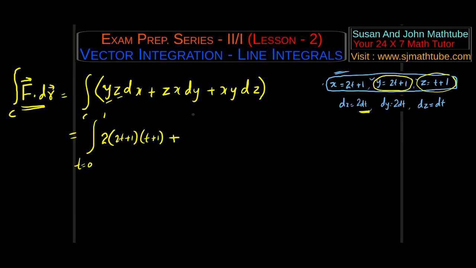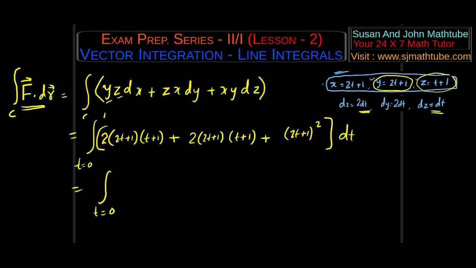Okay, that's going to give me the same thing. So 2 into 2t plus 1 into t plus 1, plus x into y, and that will be 2t plus 1 the whole square, and dz is just dt. So I'll write the dt.